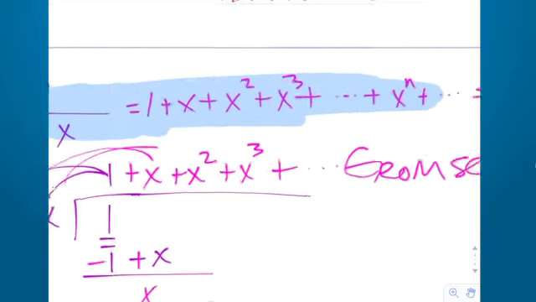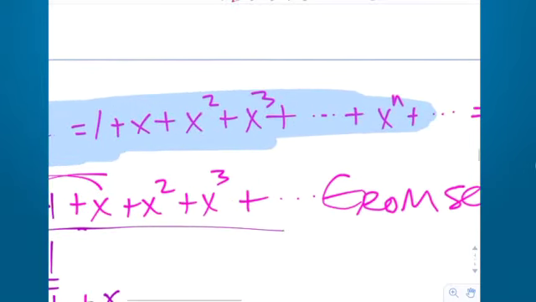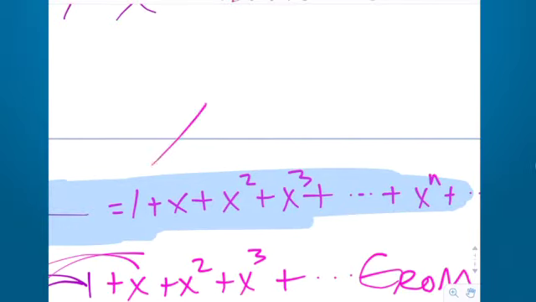Now, if this truly then was a geometric series for values of x between negative 1 and 1, how do we find the sum of a convergent geometric series? It is equal to the first term, right, which is 1 all over 1 minus the ratio. And what's the ratio here? X. So very closely related.